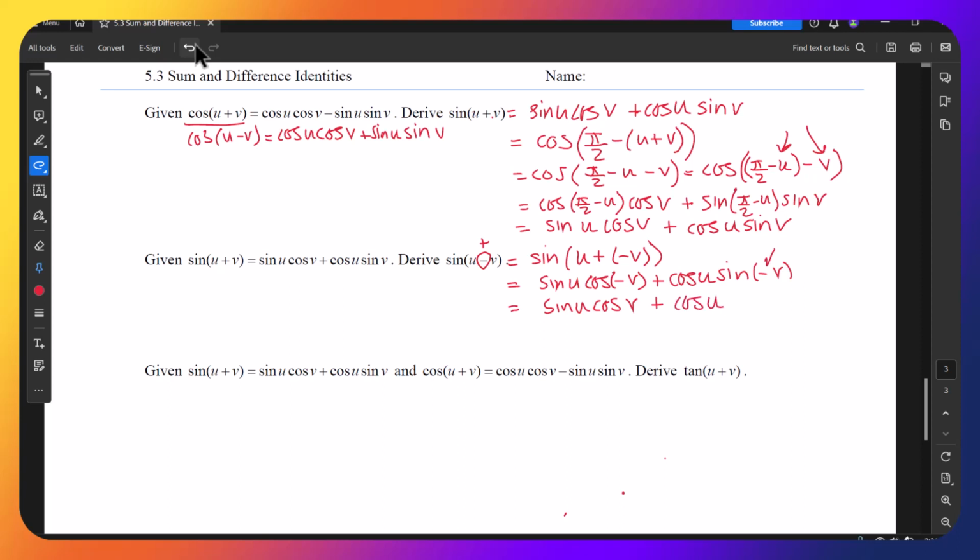Sine of negative v, that's an odd function, so we can actually take out the negative and place it right here instead of the addition sign. So I'm going to go back and fix that. So negative cosine u sine v. And that completes the proof.